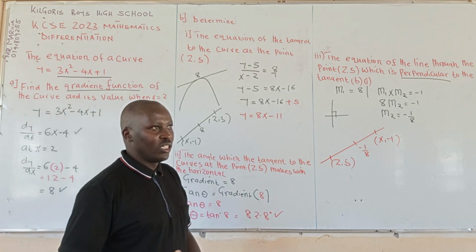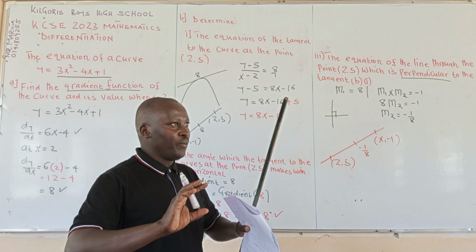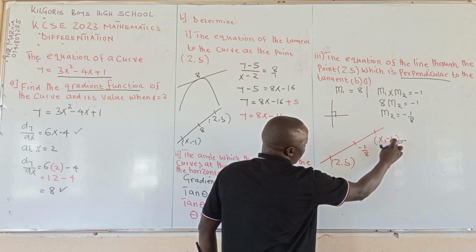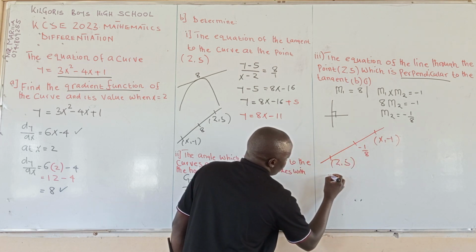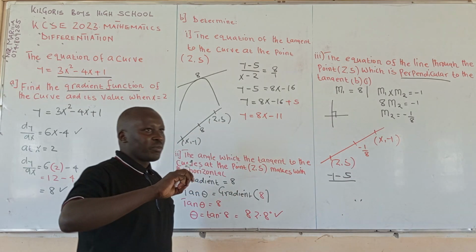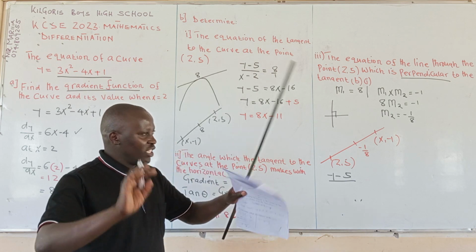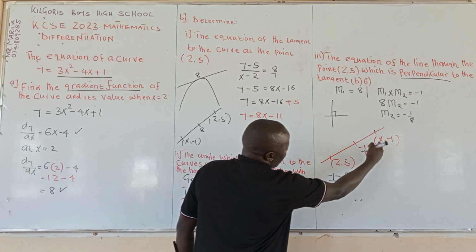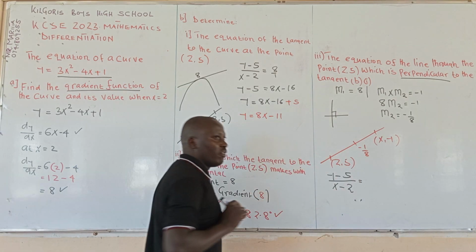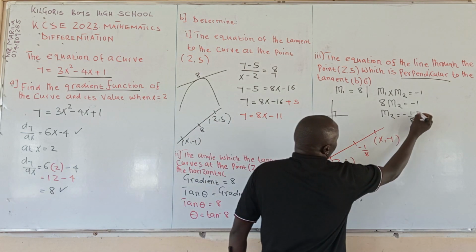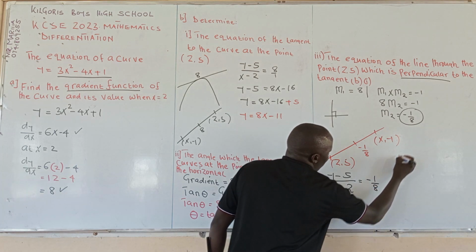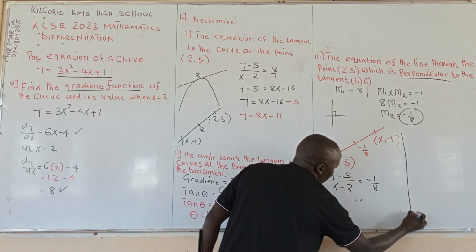So the change in y is y minus 5, and the change in x is x minus 2, and that gives us the gradient, which is -1 all over 8.